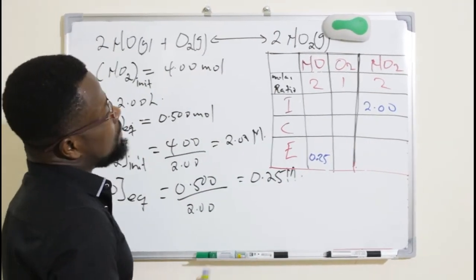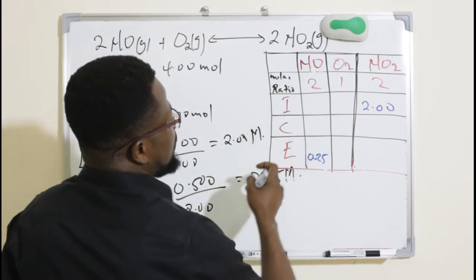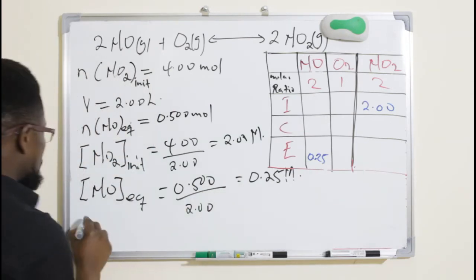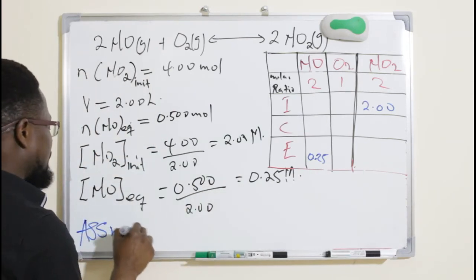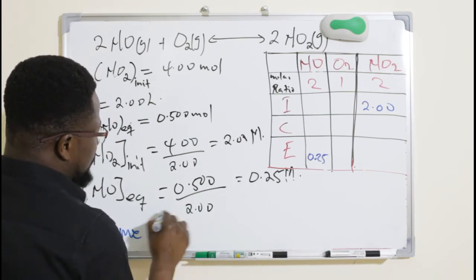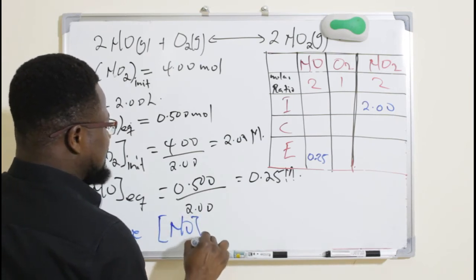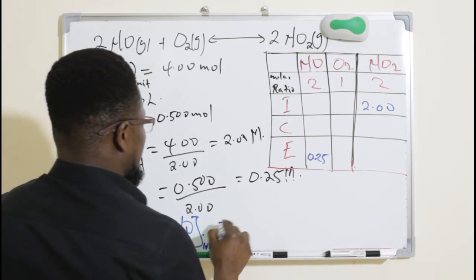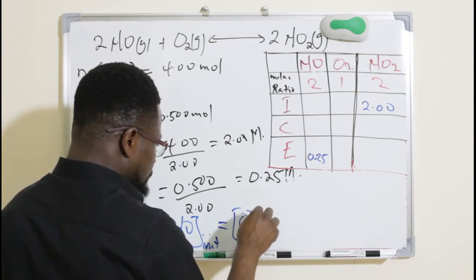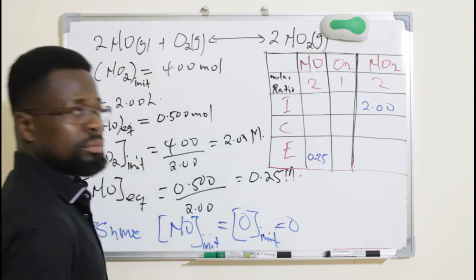If we assume that, then it means that the concentrations of NO and O2 at the initial stage should be equal. So we will make an assumption here. Assume that the concentration of the NO at the initial stage is equal to the concentration of the O2 at the initial stage, which is equal to 0.